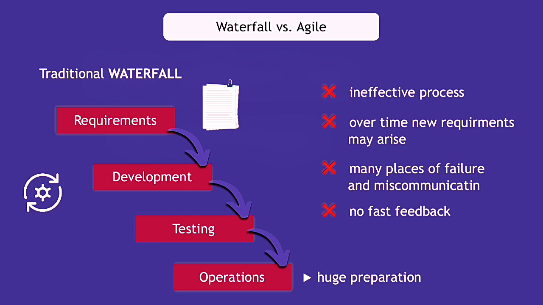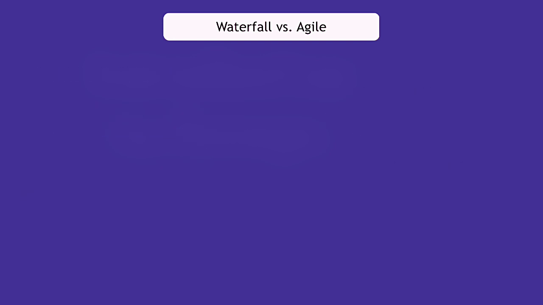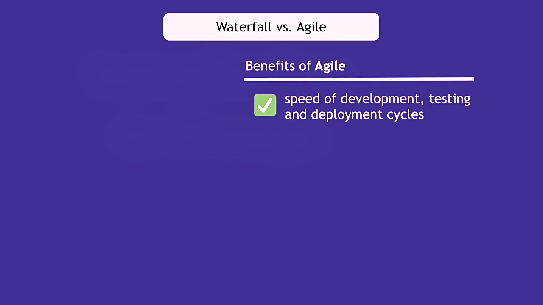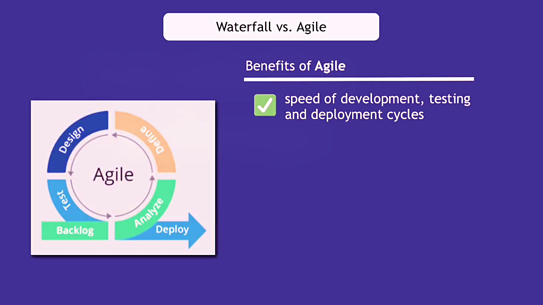So as an alternative to the waterfall method, a very extreme methodology was developed, which you probably heard of, which is called Agile methodology for software development, which is actually pretty popular and is becoming increasingly popular across organizations and companies. And the main benefit or the thing that it solves is the speed of development, testing, and deploying cycles.